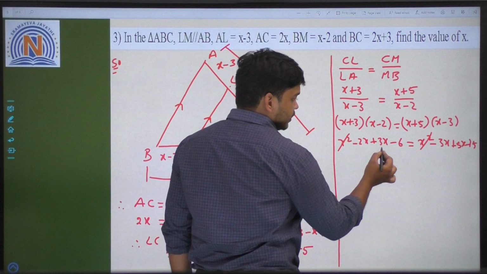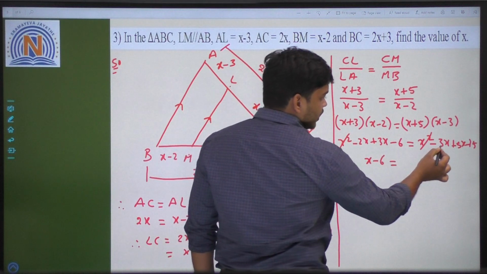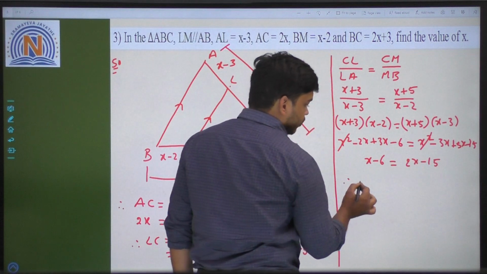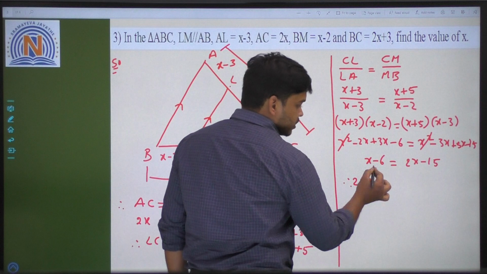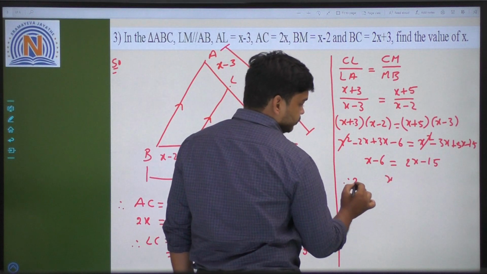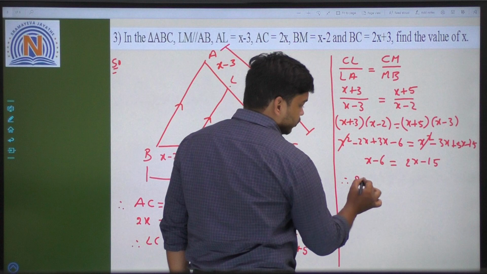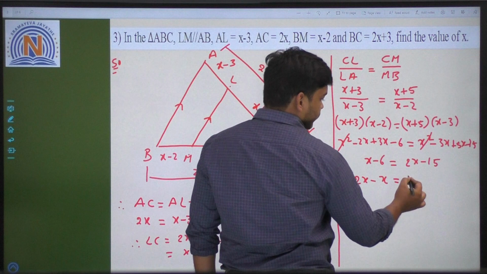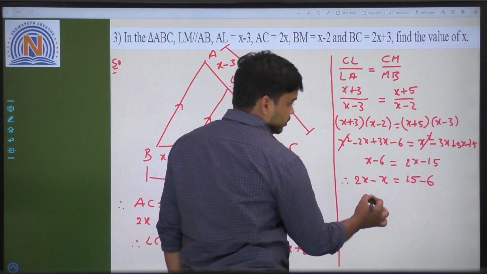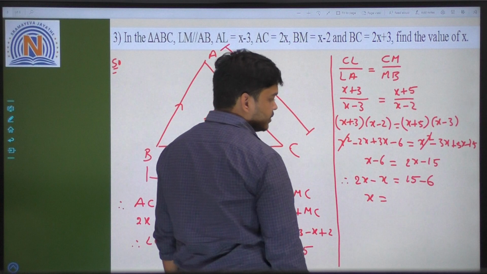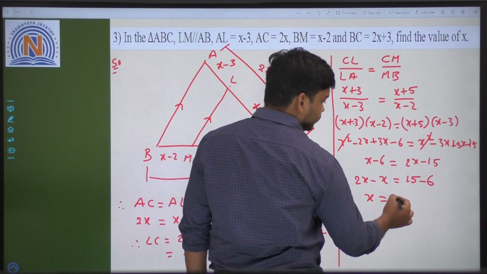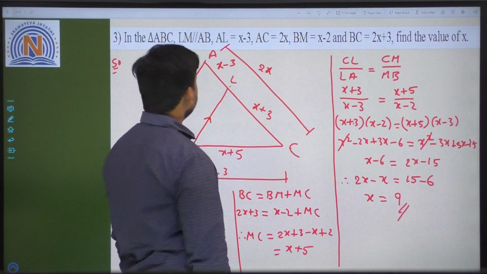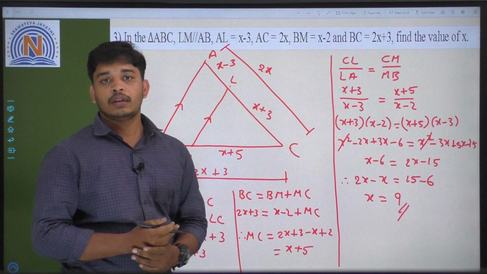Minus 2x plus 3x is x, minus 6, is equal to minus 3x plus 5x, which is 2x, minus 15. Therefore 2x minus x is equal to 15 minus 6. So x is equal to 15 minus 6, which is 9. So x is equal to 9 units.